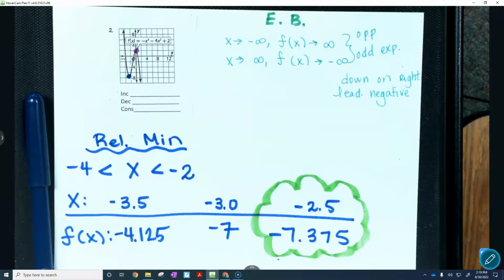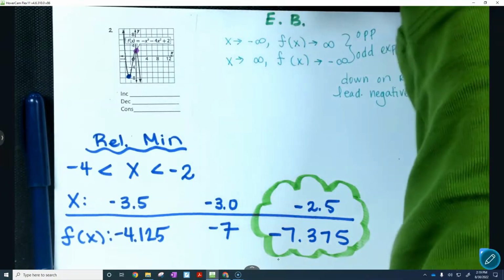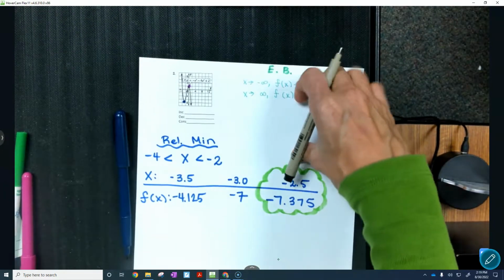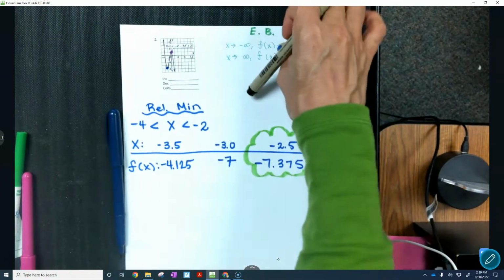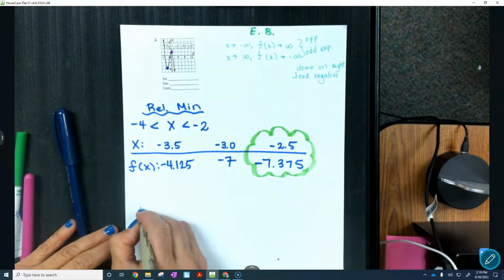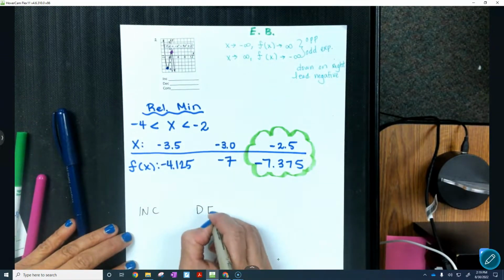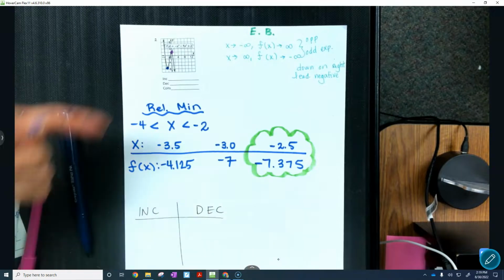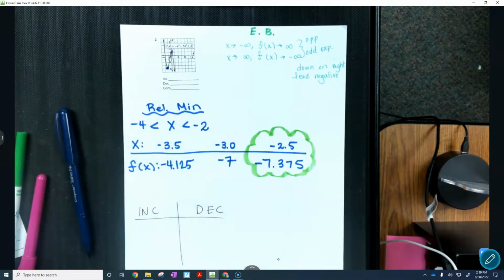So here's what's happening. Remember, we're talking about what is in between the arrows. I'm going to make an increasing and a decreasing chart because, guys, that's just not enough room for me. I cannot fit my writing on there.